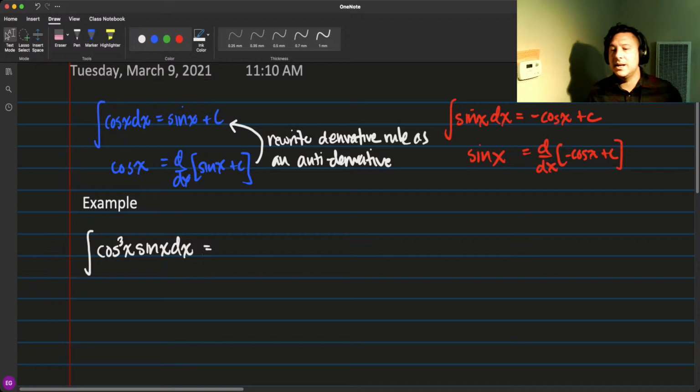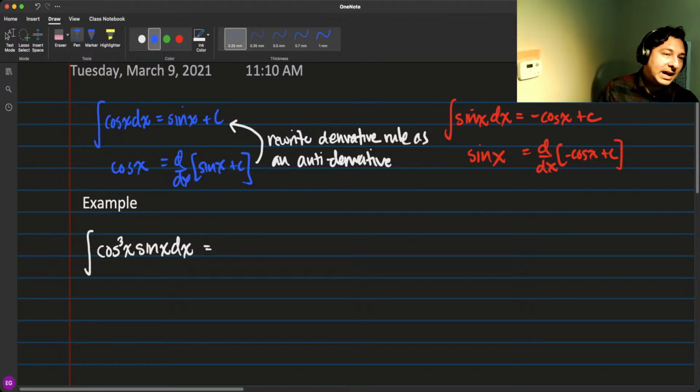You look at this and think, I don't know off the top of my head a derivative rule that I can rewrite to give me this. In some cases you already have a bag of tricks you can use. Sometimes you might want to use u substitution.